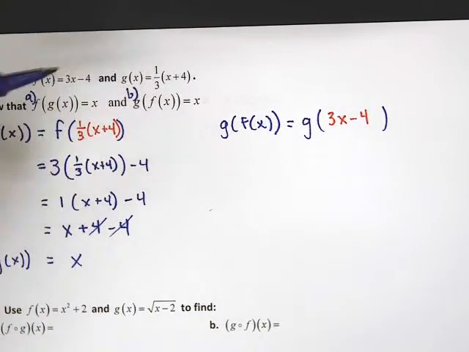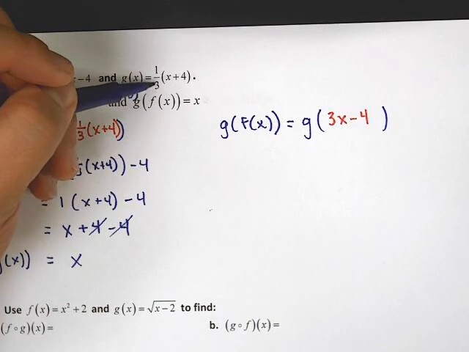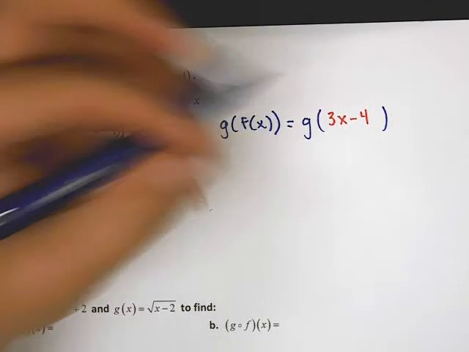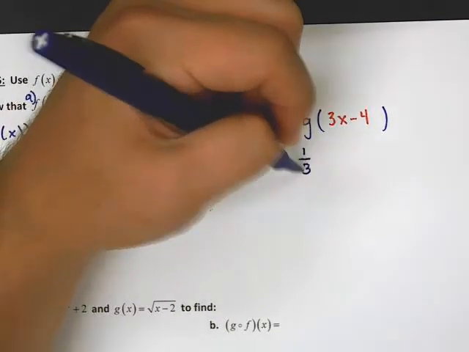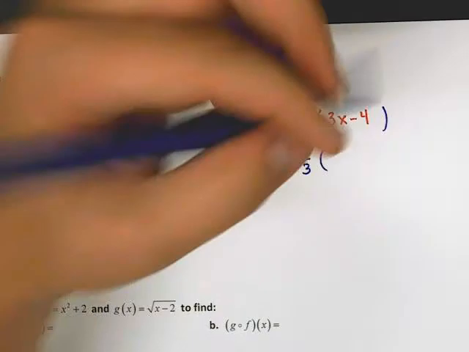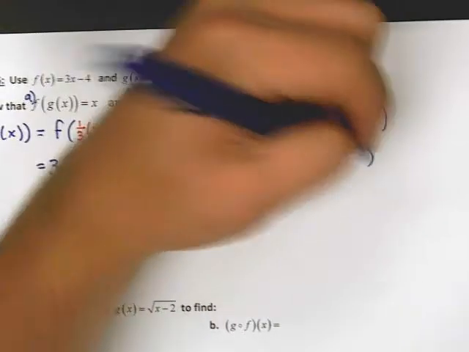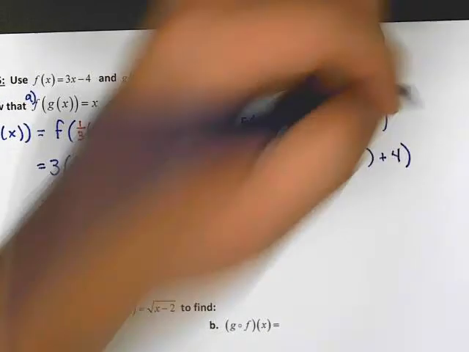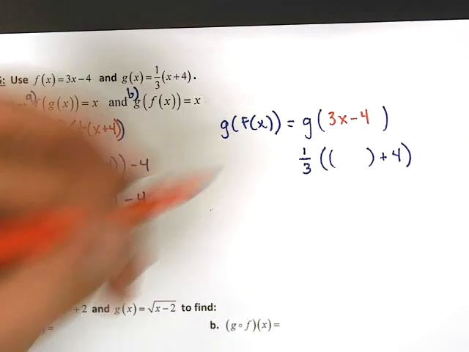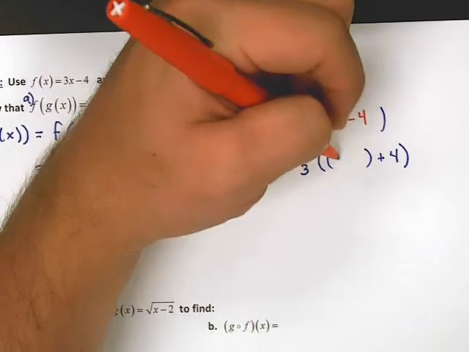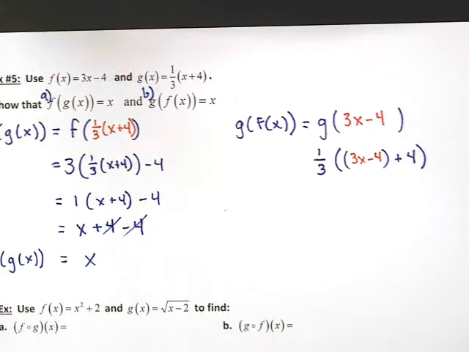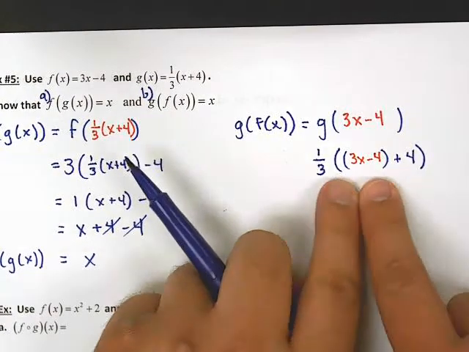I come back. My g function says 1/3 times the quantity input plus 4. So now that I know my input is 3x minus 4, this one's a little bit different, okay? Remember, parentheses first, right?